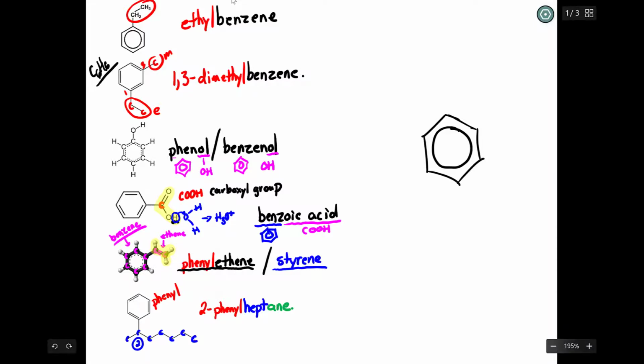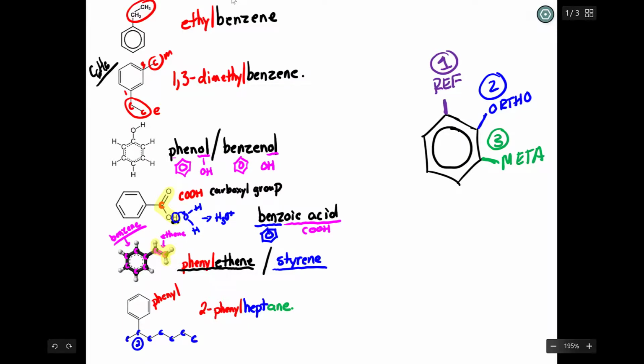If I call this spot here my reference point, basically carbon number 1, most of the time when we talk about a 1,2 side group on a benzene ring, we call it ortho. I know that seems weird. So rather than saying 1,2, you would say it's ortho. Instead of saying 1,3, it's called meta.